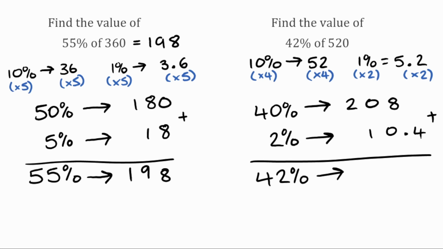So adding them together, I'm going to put a decimal after my 208 and a 0 here. So then adding together, we've got 0 add 4, which is 4, 8 add 0, which is 8, 0 add 1, which is 1, and then 2 on its own, so 2 there. So 42% of 520 would be 218.4.